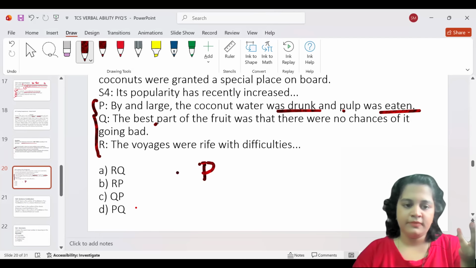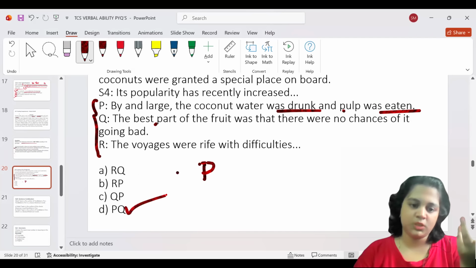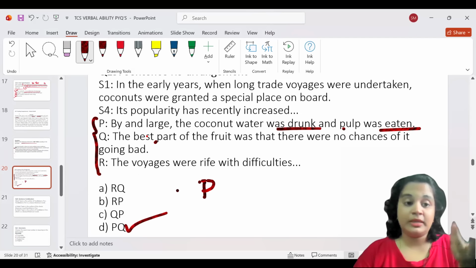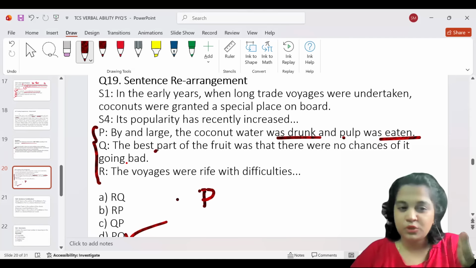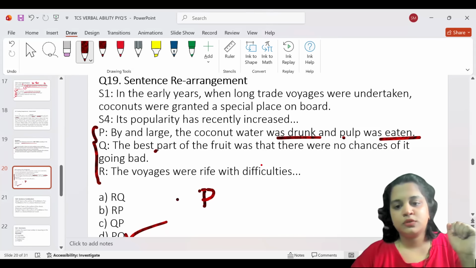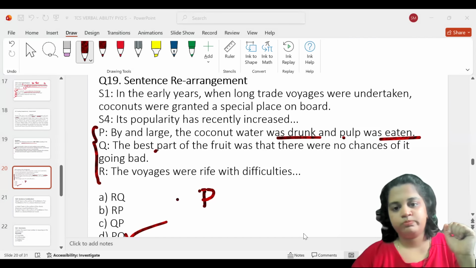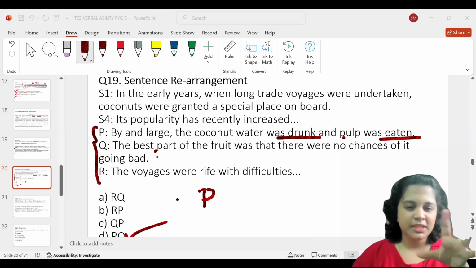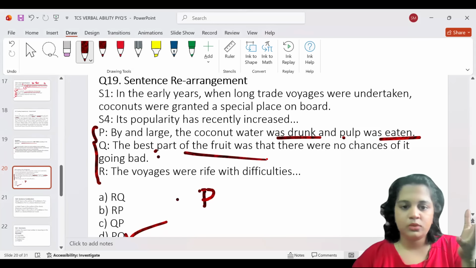If I look at the options, there's only one that starts with P, so it has to be PQ. Let's check if Q also follows. The best part of the fruit was that there were no chances of it going bad. The voyages were rife with difficulties. It seems like the advantage of what they are trying to tell.